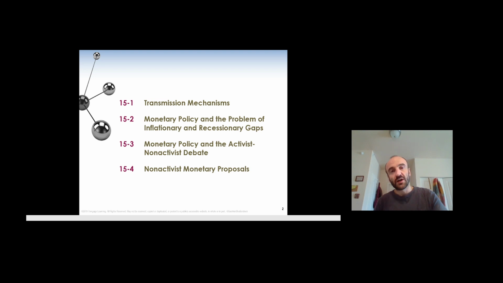Chapter 15 will cover the problems of how it achieves this, how we go from a decision by the monetary authorities to increase the money supply on the one hand, and the final goal that we already established before, that should be a short-term or a long-term increase in production of goods and services. How can we use, and under which conditions we can use monetary policy to stimulate the real economy.